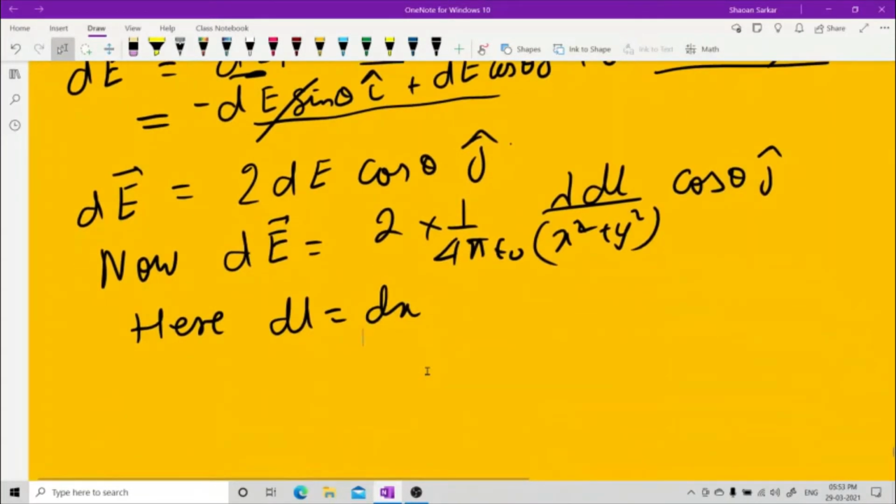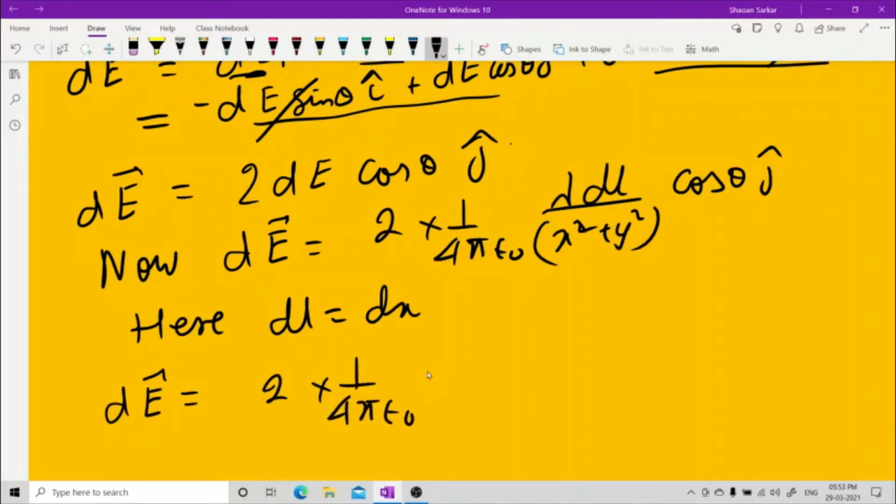Therefore dE is equal to 2 into 1 by 4 pi epsilon naught lambda dx upon x square plus y square cos theta j cap.